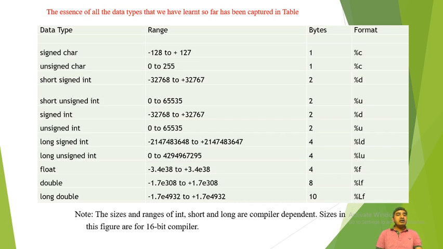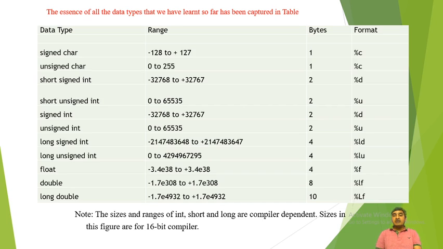Then long signed integer, its range is minus 2147483648 to plus 2147483647, and it is 4 bytes and the format is %ld.